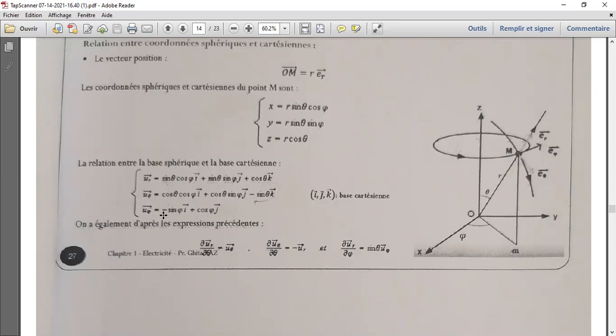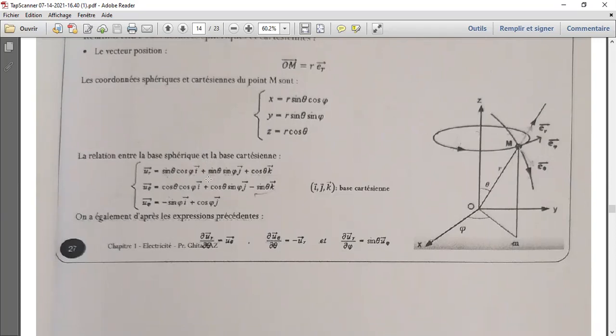If you just know one, you can answer almost everything. Is there any question here? Basically, you don't really need to waste a lot of time here. Is there anyone with any question?